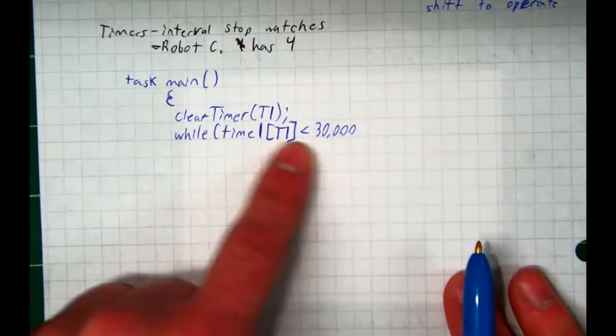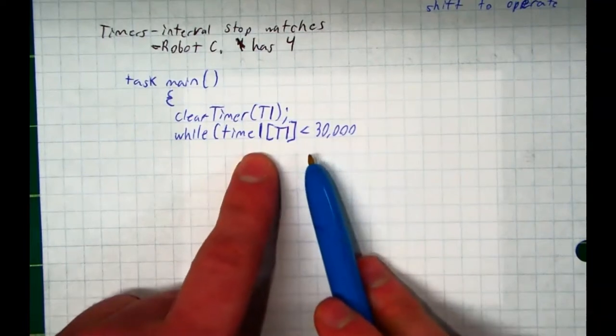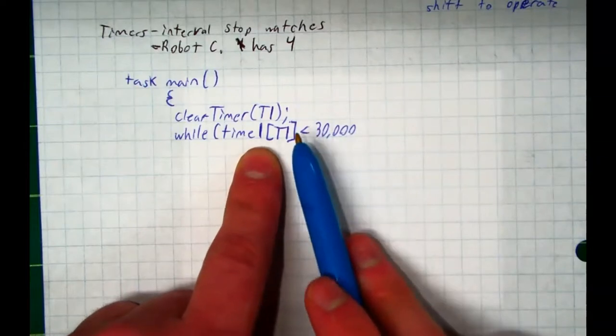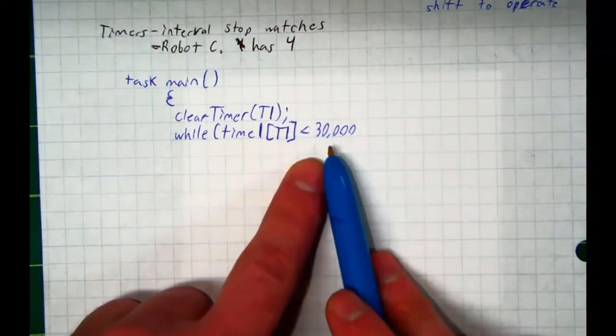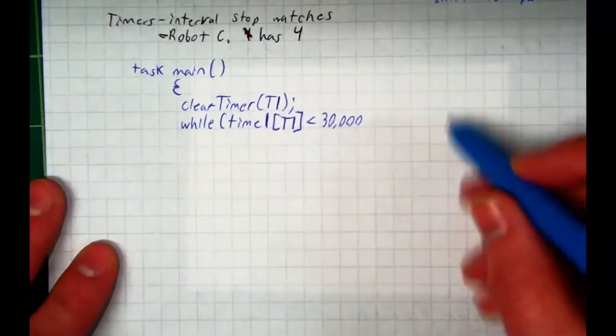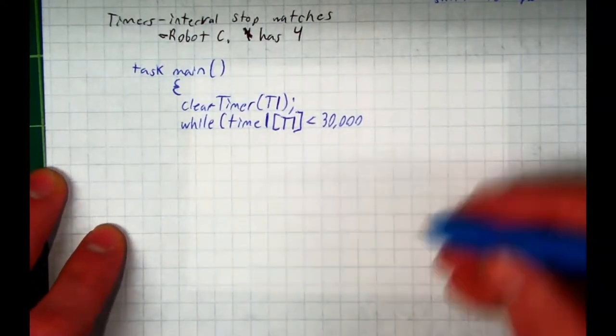Now, for the record, your timer counts in milliseconds. You can do wait in milliseconds if you want, but usually the standard is regular seconds. When you're using your timer, it will be done in milliseconds. So what does this actually say? While the timer is less than 30 seconds, I want to make something else true as well to make our condition true. So let's use our and signs.